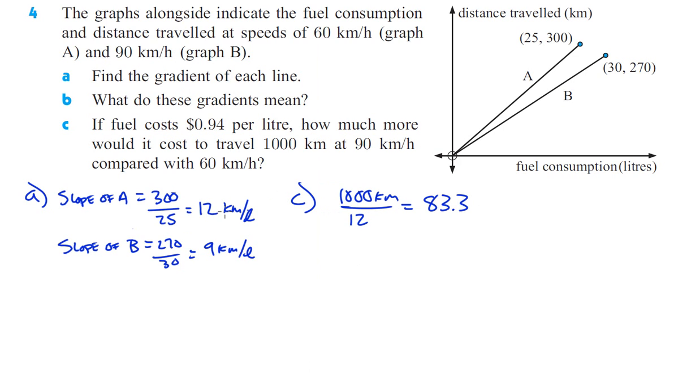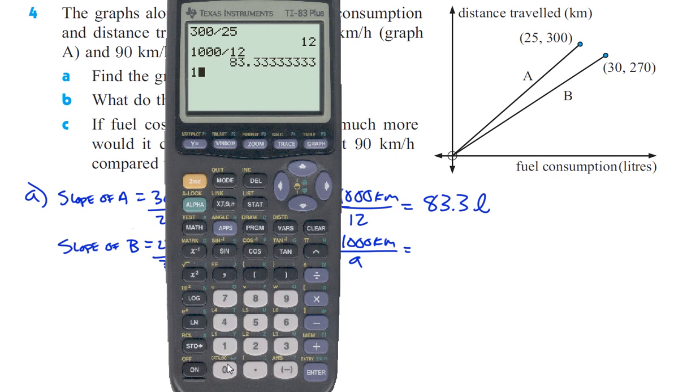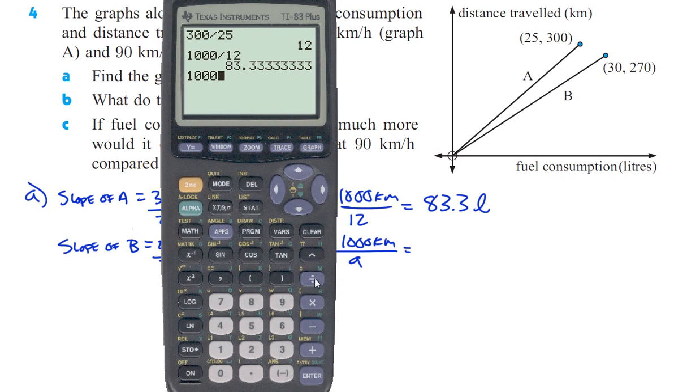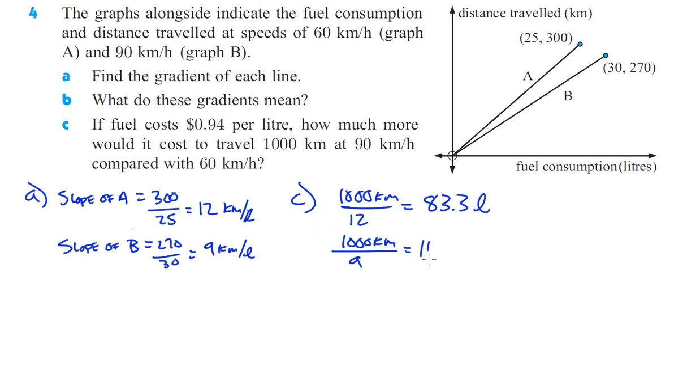So if we are traveling at 60 kilometers per hour, we're going to need 83.3 liters. Okay? If we're traveling 1,000 kilometers and we're only getting 9 kilometers per liter, that is going to mean that we're going to need 111 liters to make it that far.